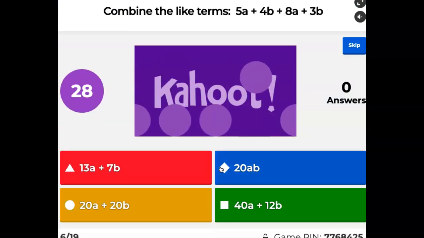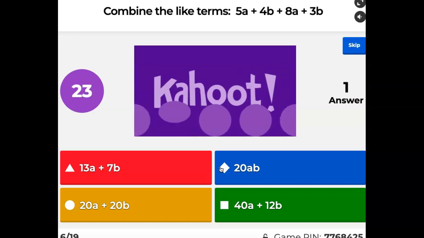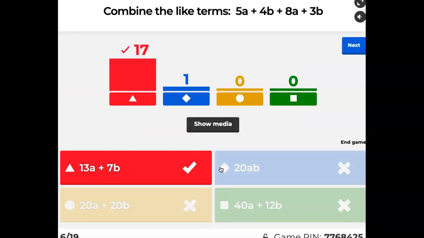Combine like terms. Remember, only the same terms. So you have 5a plus 4b plus 8a plus 3b. Only the same terms. Go ahead. There we go.